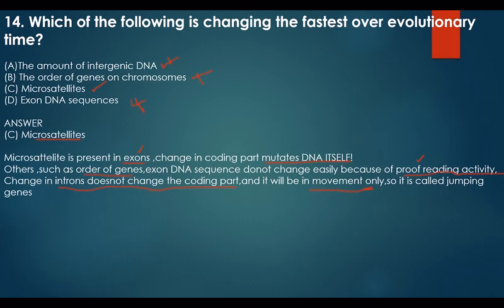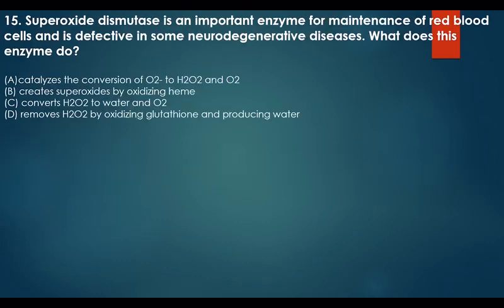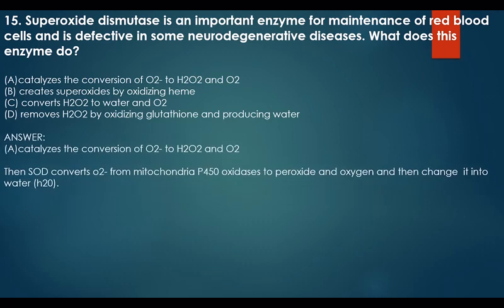Next is, superoxide dismutase is an important enzyme for the maintenance of RBC and is defective in some neurodegenerative diseases. What does this enzyme do? The answer is A, catalyzes the conversion of O2 minus to H2O2 and oxygen. SOD converts the O2 minus from the mitochondria and P450 oxidases to hydrogen peroxide and oxygen, and then it changes it into water.